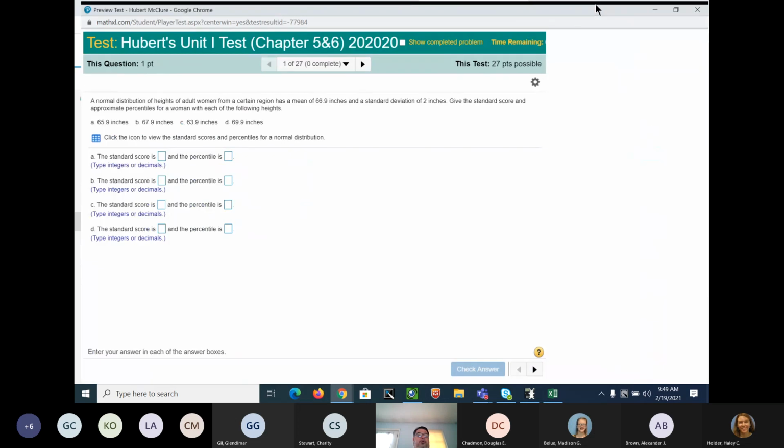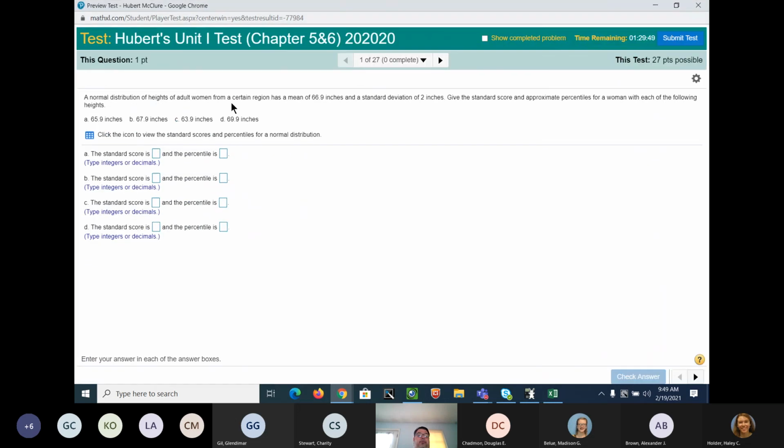straightforward. A normal distribution of heights of adult women from a certain region has a mean of 66.9. Okay, this right here means draw a picture, but you don't necessarily have to on this one because it's, what is standard score another word for? Z-score.